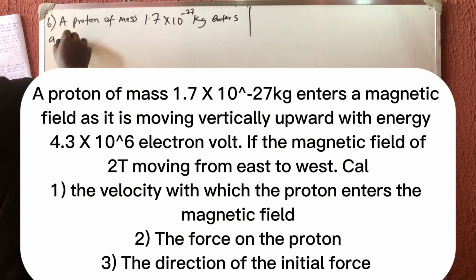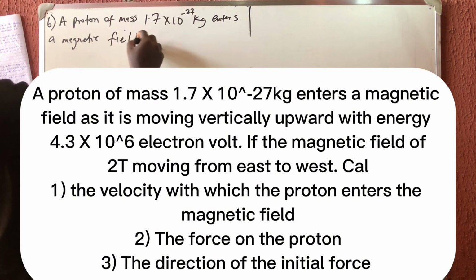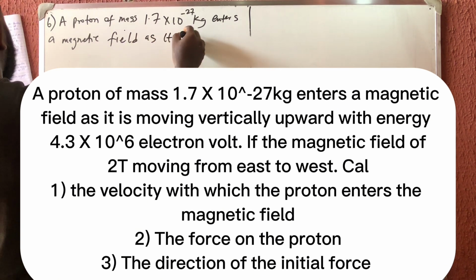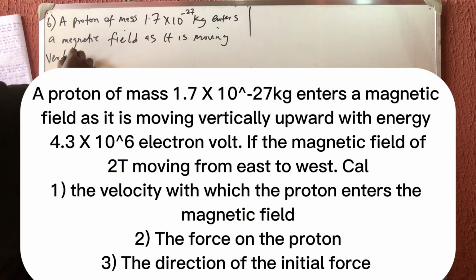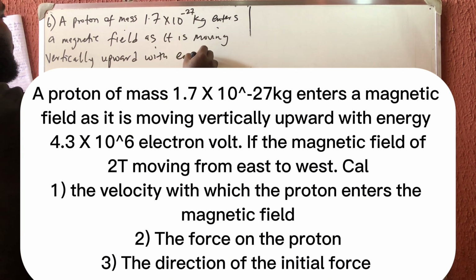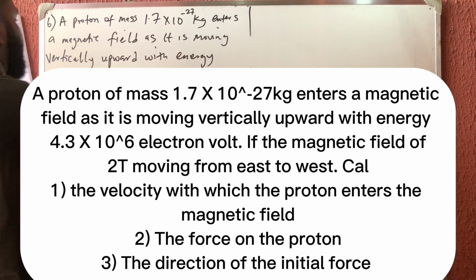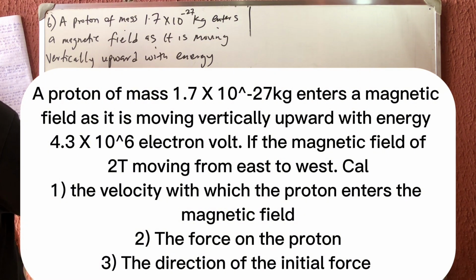So it enters a magnetic field as it is moving vertically upward with energy 4.3 times 10 raised to the power 6 electron volts, okay.